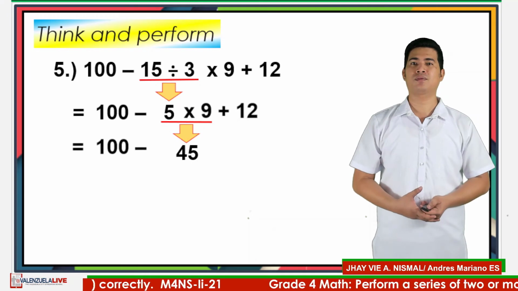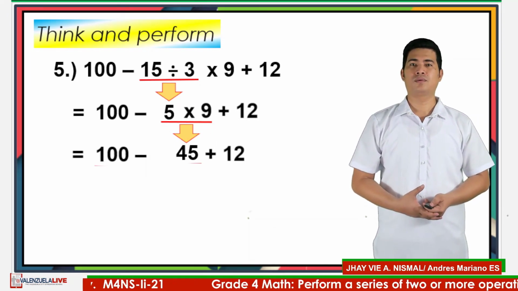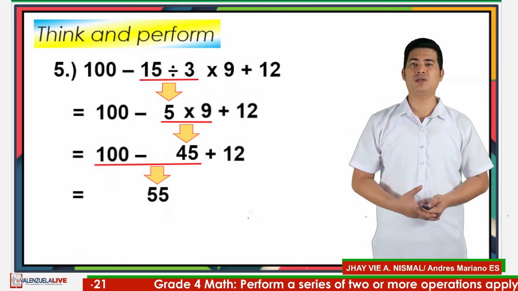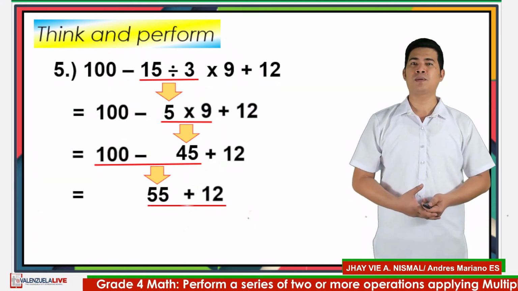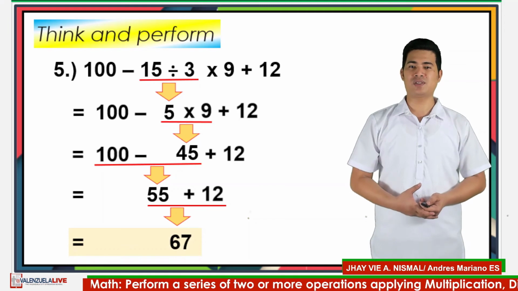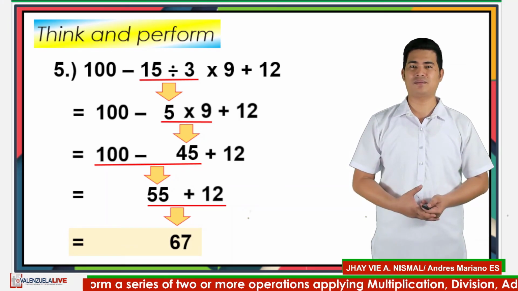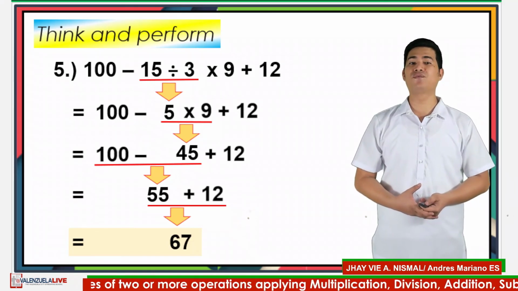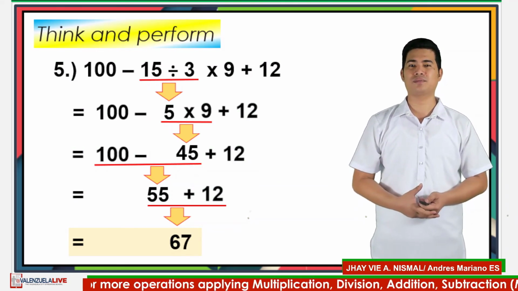Then 100 minus 45 is equal to 55. Bring down plus 12. 55 plus 12 is equal to 67. Did you get 67? Fantastic. How's your score, learners? Did you get a score of 4 or 5? Good job, grade 4 learners.